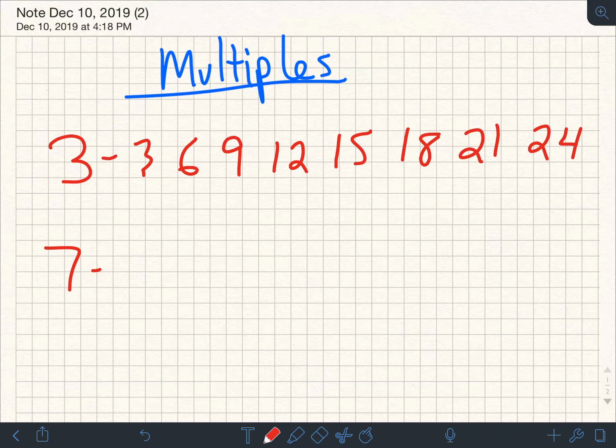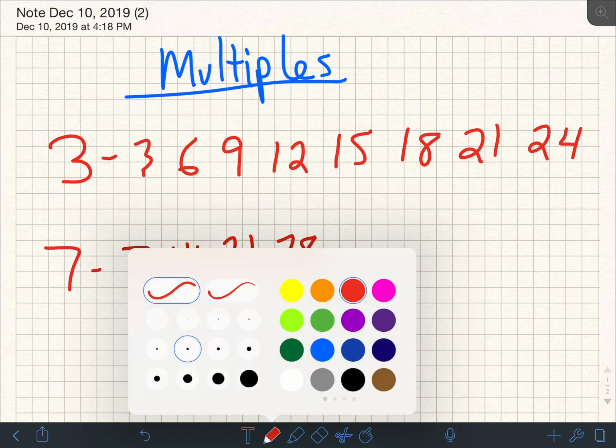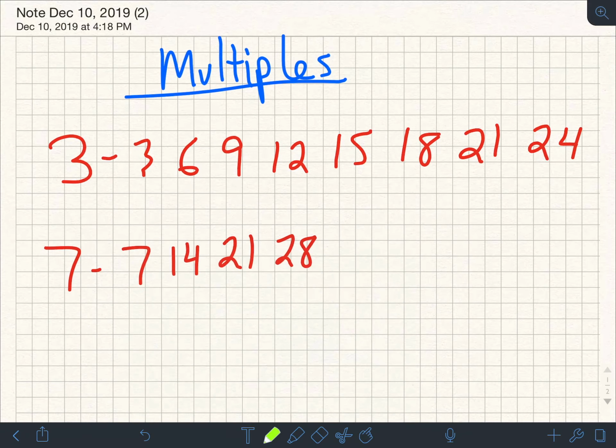And my multiples of 7 are 7, 14, 21, 28. And we can stop there because we have 21 here, and we have 21 here, and that is your least common multiple. It's the smallest number that is in both of these lists.